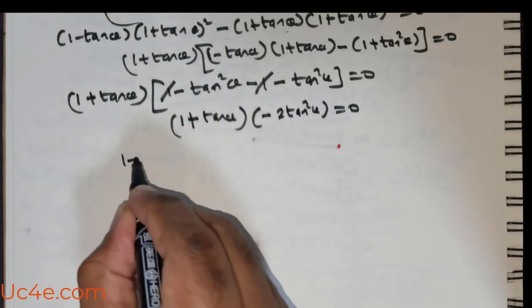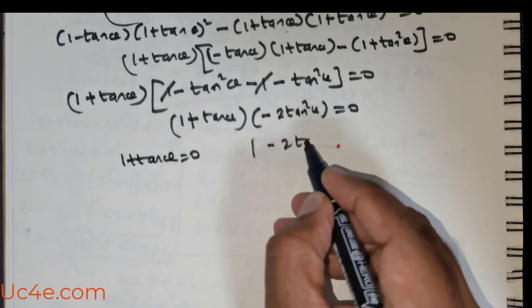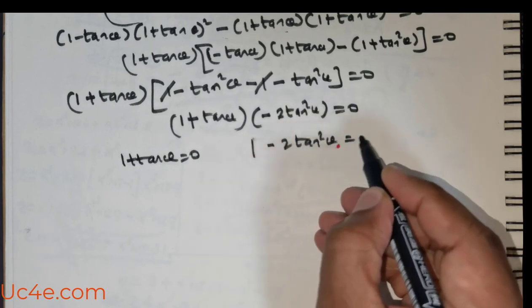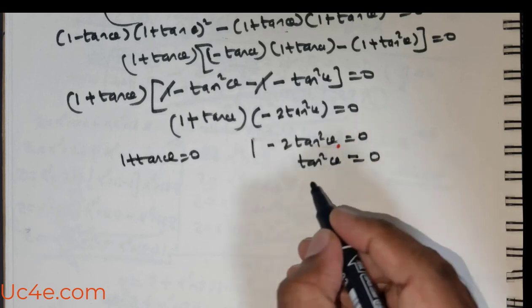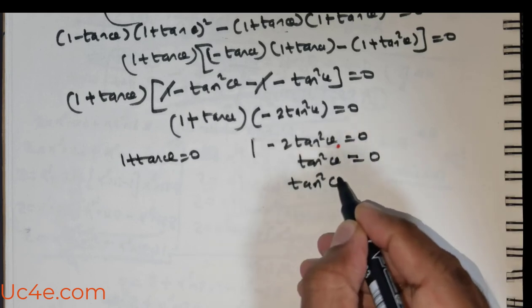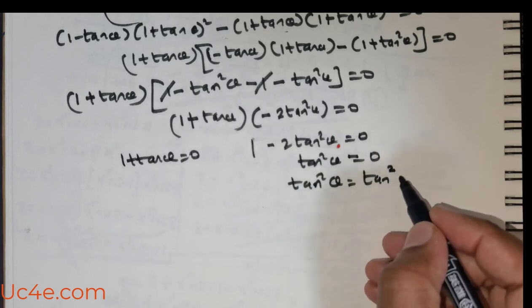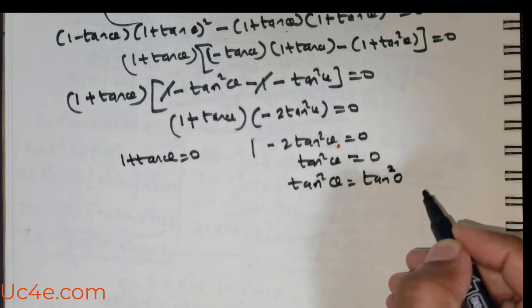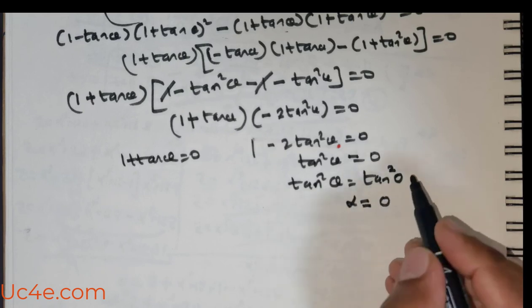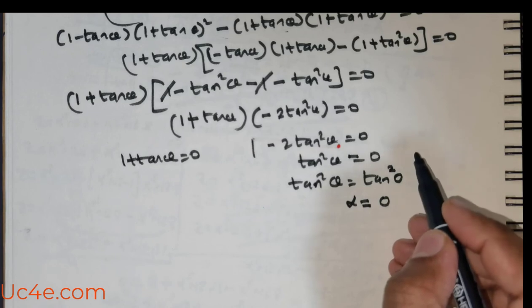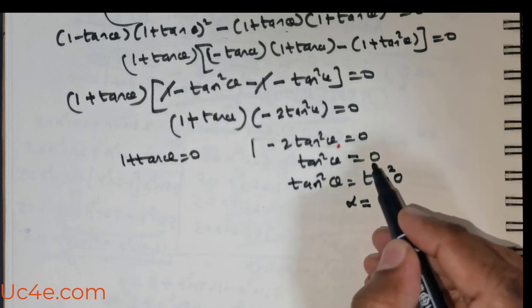So from here I get 1 + tan theta = 0. This is going to be -2 tan squared theta = 0. Clearly tan squared theta is equal to 0. I can rewrite this as tan squared theta equal to tan squared of alpha, with alpha equal to 0, right? Because tan squared 0 is sine squared 0 over cos squared 0, and that clearly gives me 0.